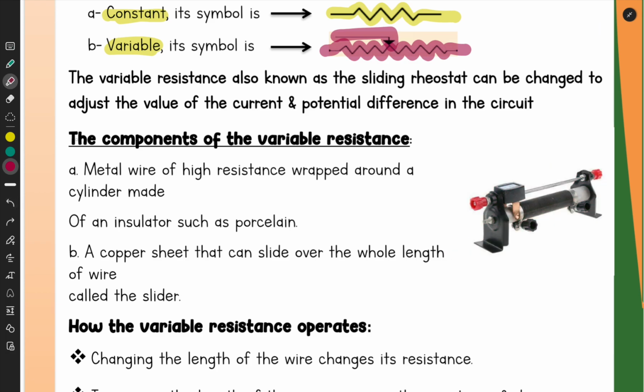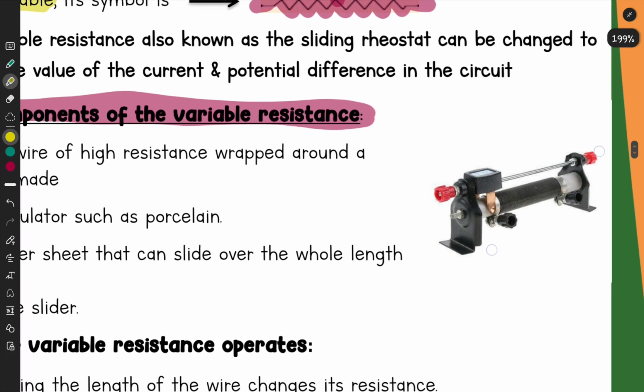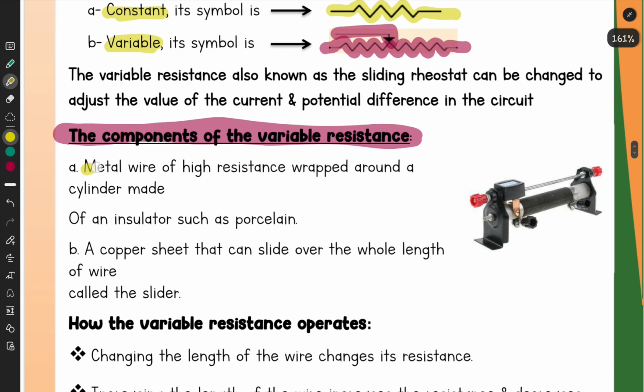Okay, let's continue. What are the components of the variable resistance? We know that a variable resistance is a resistance that changes. So the components: letter A, a metallic wire of high resistance wrapped around a cylinder made of an insulator such as porcelain.